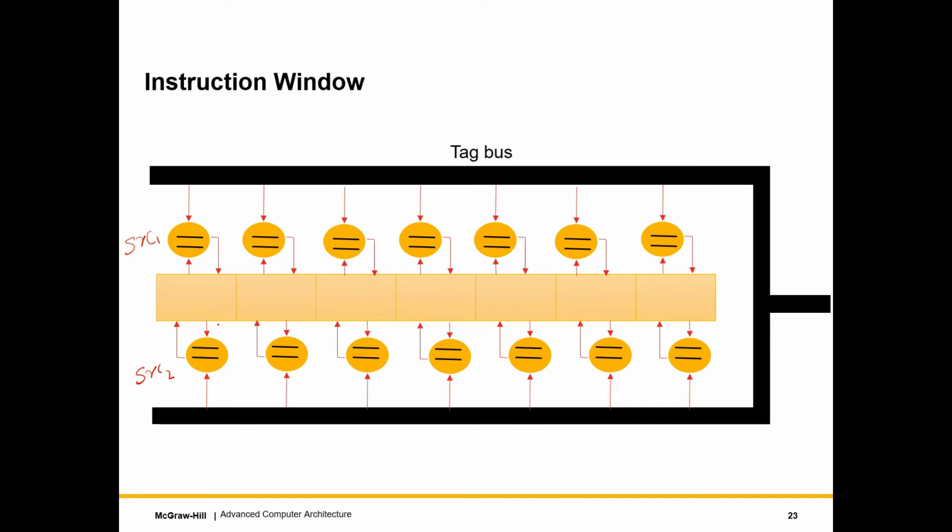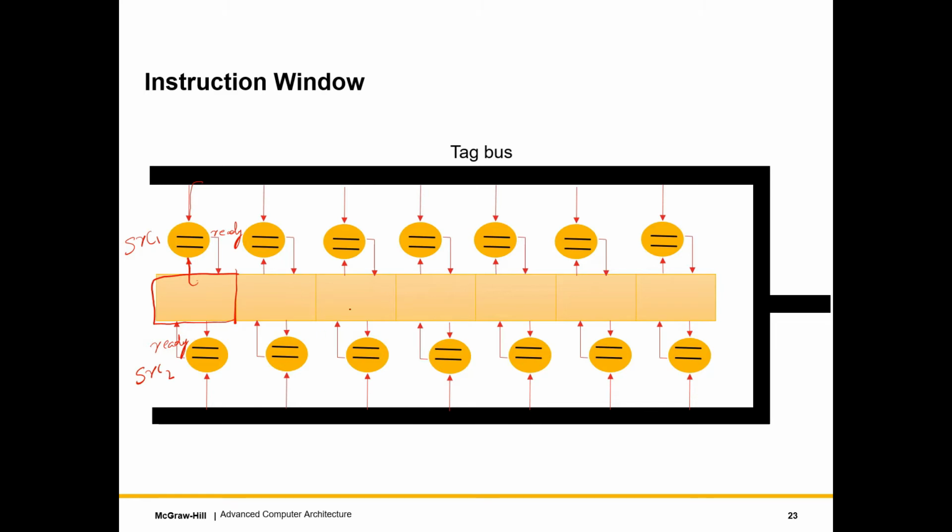For every entry we have two comparators, source 1 and source 2. For each of them, we read the contents of the entry and the contents of the tag. If they match, we set the ready bit.